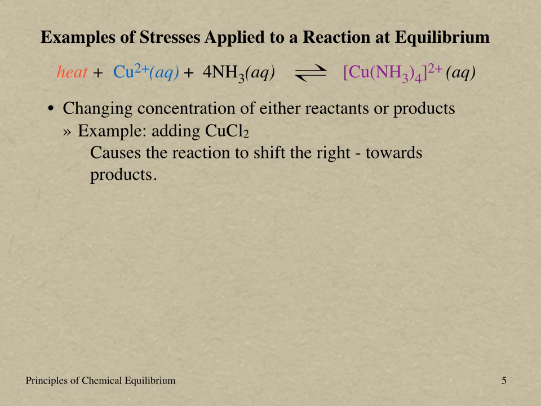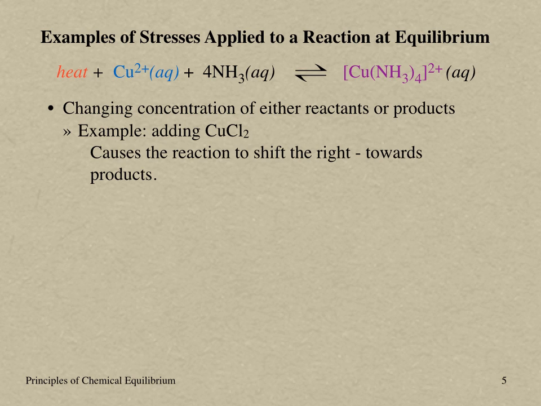For example, if we rapidly dissolve solid copper chloride, CuCl2, in this reaction solution, the copper ion Cu2+ is increased. The equilibrium adjusts by shifting to the right, and some of the added Cu2+ reacts with NH3 to form more copper-amine product.